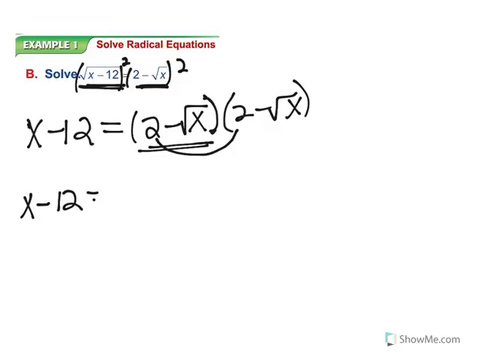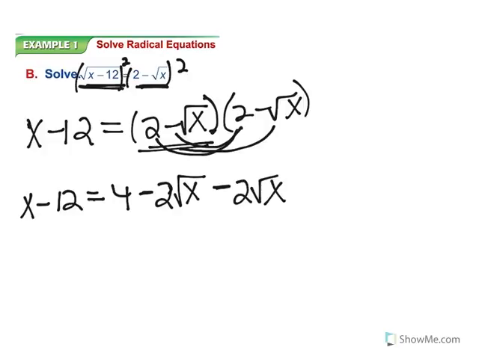Now I'm going to do the first times the first, which is 2 times 2 equals 4. Then I'm going to do the outsides. So 2 times the negative square root of x is negative 2 square roots of x. Then I'm going to do the insides, so I'm going to have another negative 2 square roots of x.